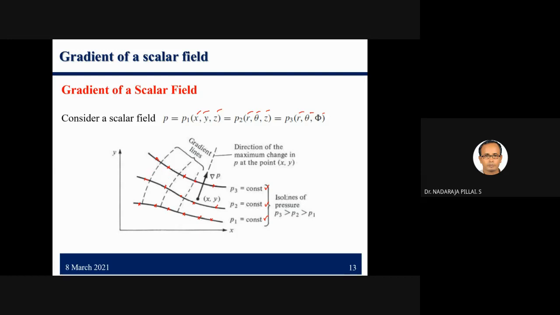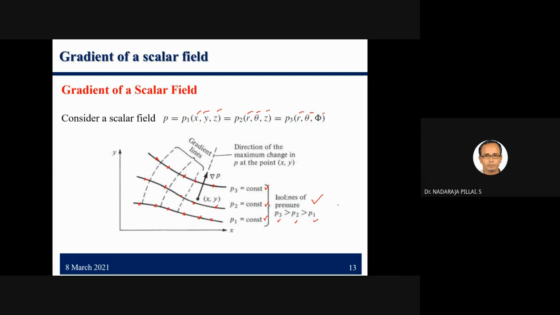It is not necessary that the line should be like this. It can be of any shape, but the only thing is the pressure along that particular line is constant. We call that isolines of pressure. Let us say P3 is greater than P2 and P2 is greater than P1. That will be the basic point.